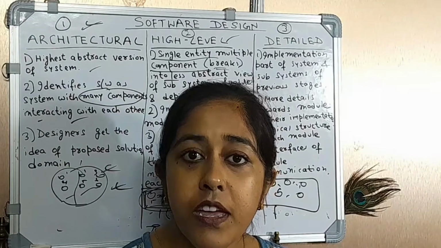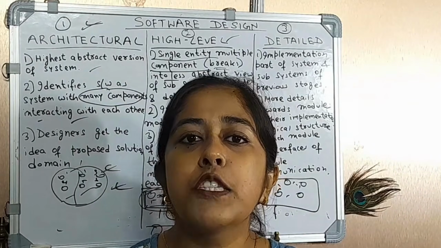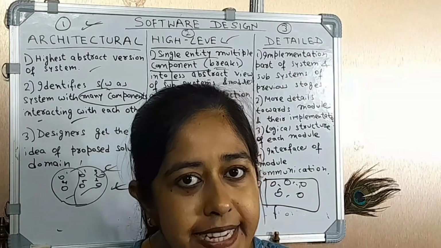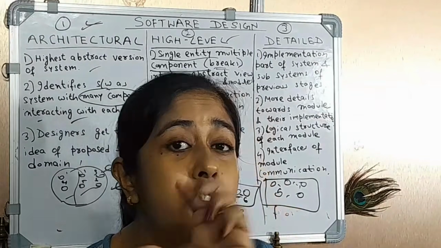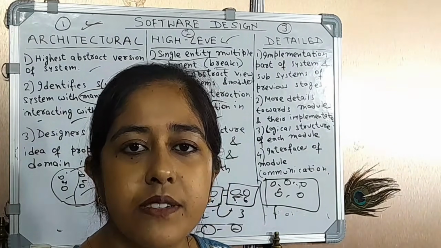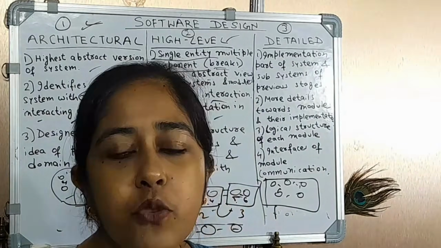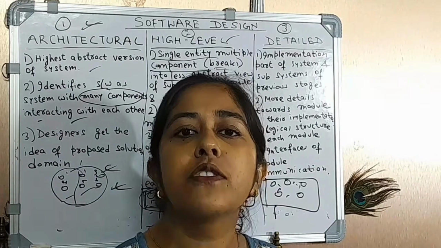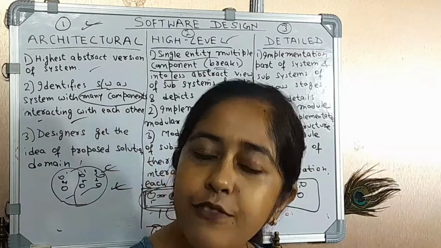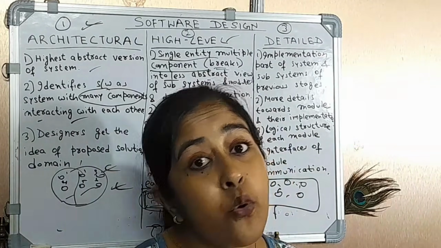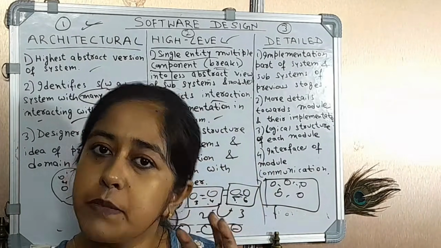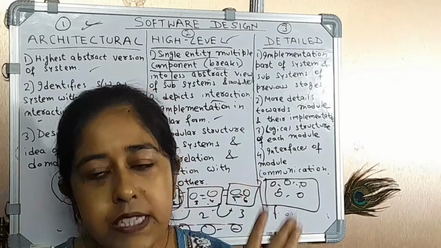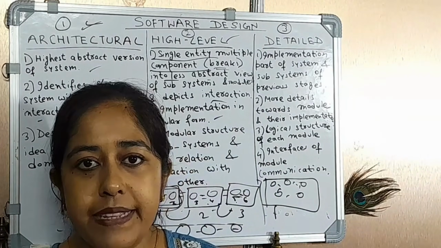So what we do here, we break the whole system into small modules, so that if any error or failure comes, it will be in a particular module and you can easily correct it. And if the modular system is okay, and an error comes in your subsystem, you can correct that very easily also, so that your whole system is not affected. You can easily correct specific modules, so the whole system is not affected.